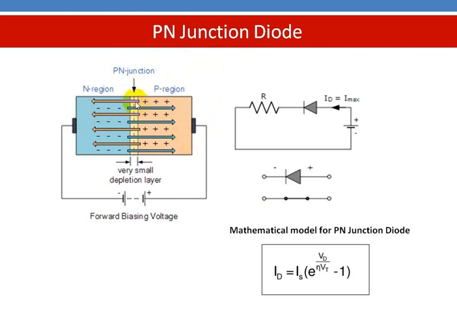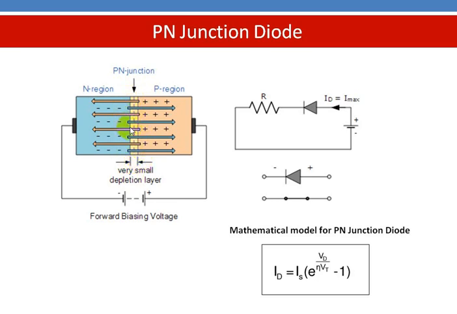At the junction, the electrons from the N region and the holes from the P region combine, and at this region a depletion layer is created.